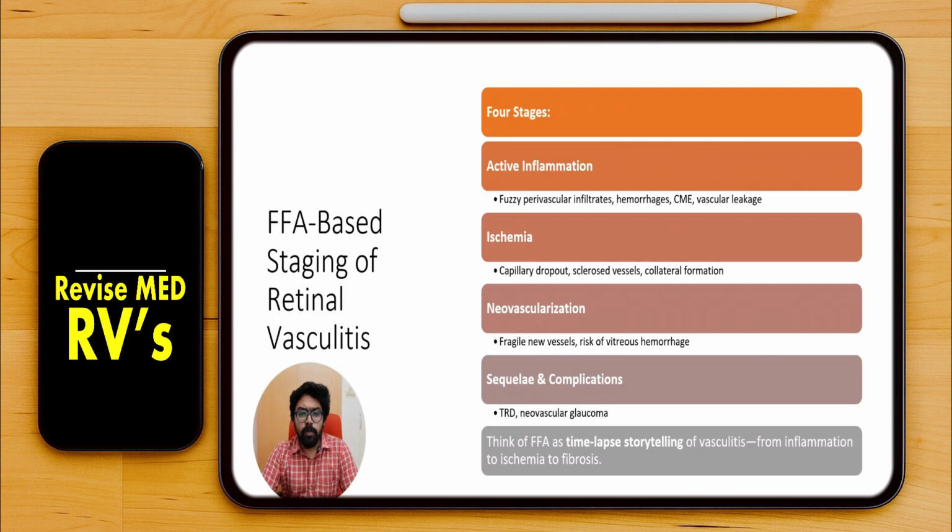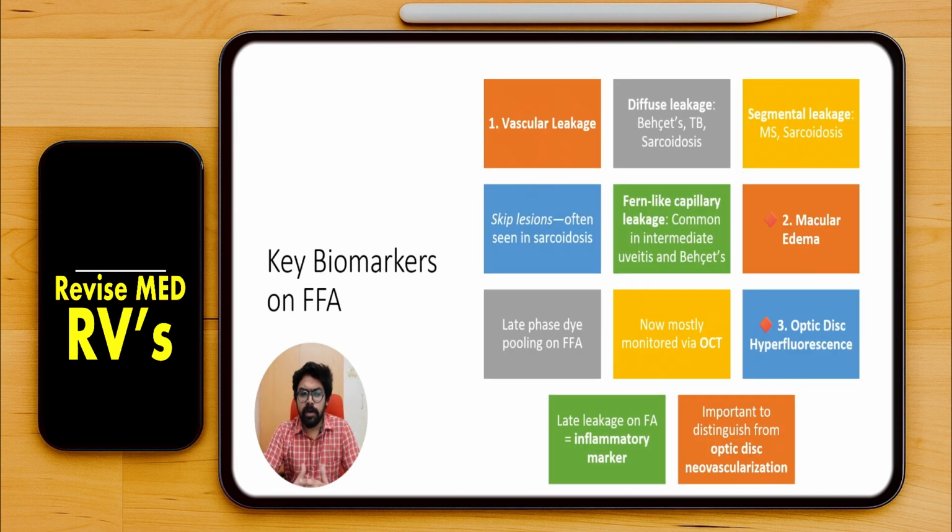And sequelae and complications such as tractional retinal detachment and neovascular glaucoma also can be seen. Think of FFA as a time-lapse storytelling of vasculitis, that is, from the stage of inflammation to ischemia, and from ischemia to fibrosis.